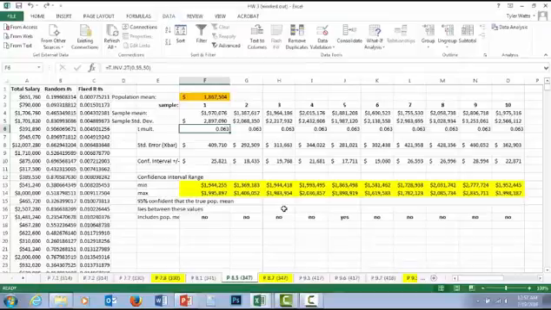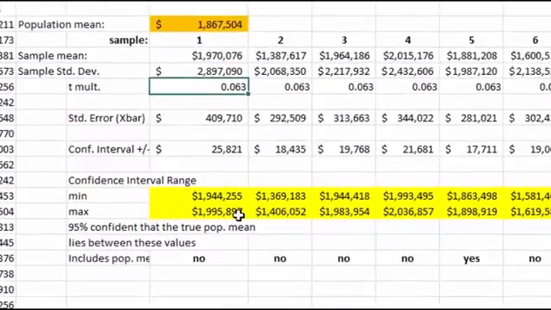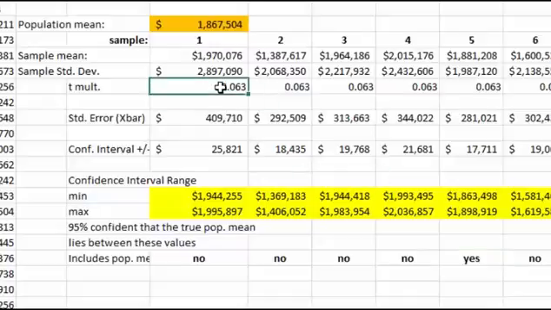I ran this with 10 samples, and I was capturing the population mean in my confidence interval only one time. So I've been scratching my head trying to find my mistake, and I finally realized it. If you've been following along, my deep apologies. I'm not going to start over the whole problem, but the mistake is pretty easy to correct. I should have realized it when I looked at my t multiple, which is only 0.06.